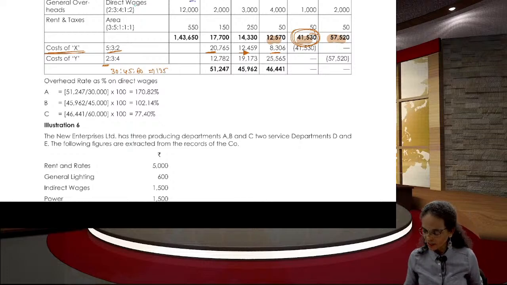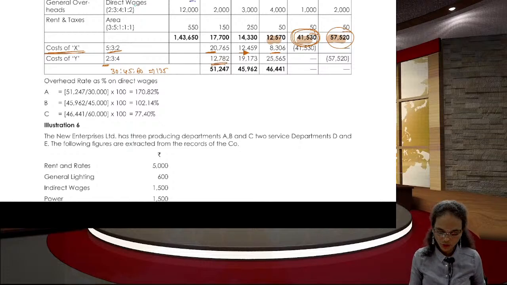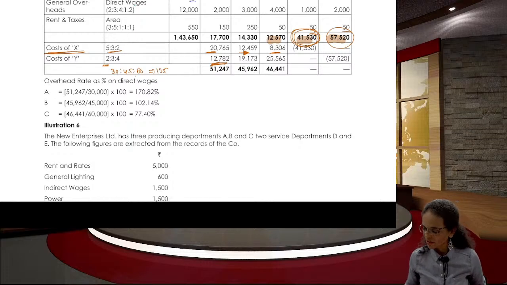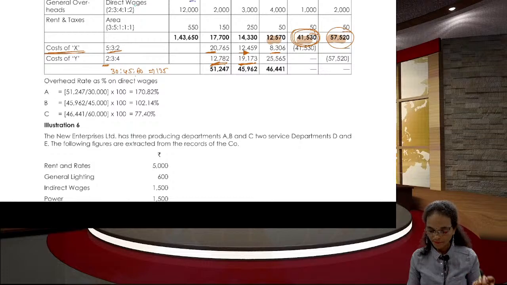So 30 divided by 135 into this service department Y expenditure, 12,782 rupees you got for the production department X. In the same manner, divided by 30 into 45, you will get 19,173 for the production department B. So you can allocate for the rest of the departments also.